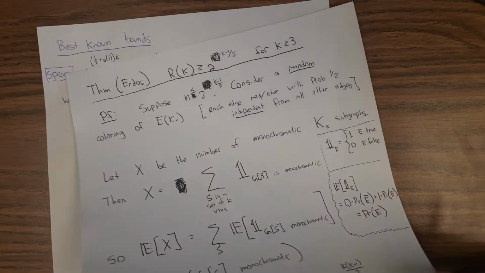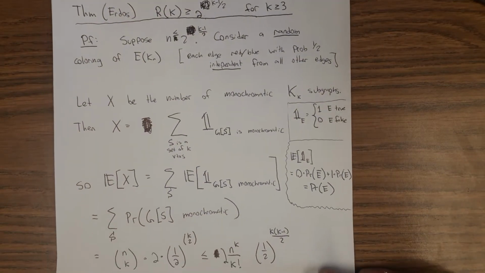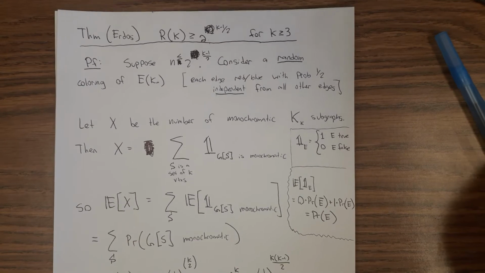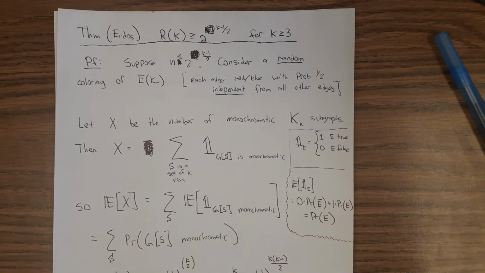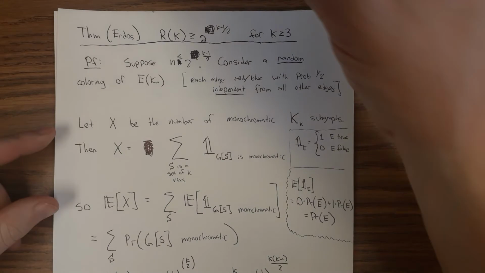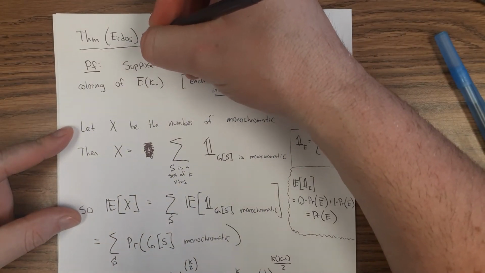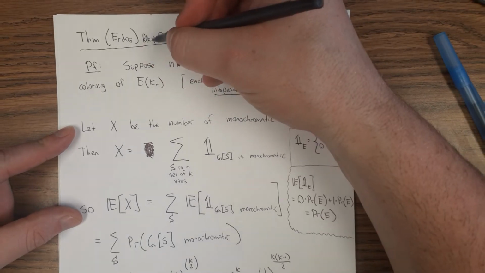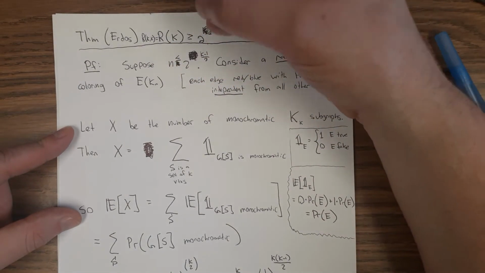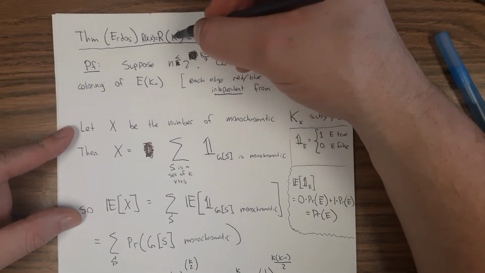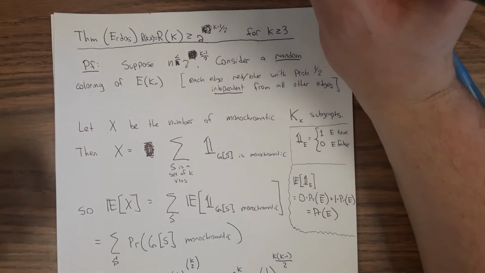So let's use that to show the following lower bound on Ramsey numbers. I'm going to do the so-called diagonal Ramsey numbers. If you recall, sorry, I have to sneak this in here: when s and t were the same, like say R of k,k, we just call that R of k.